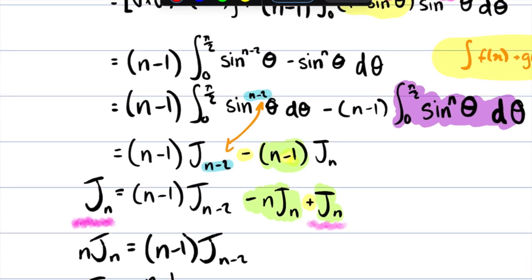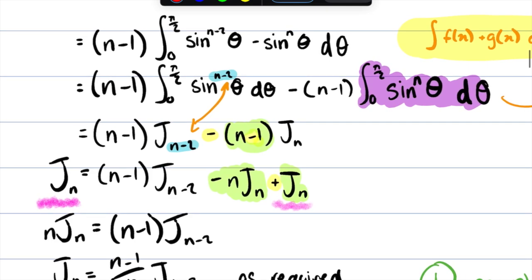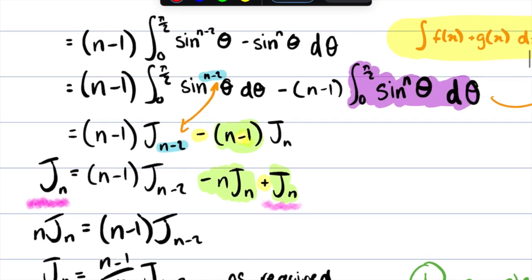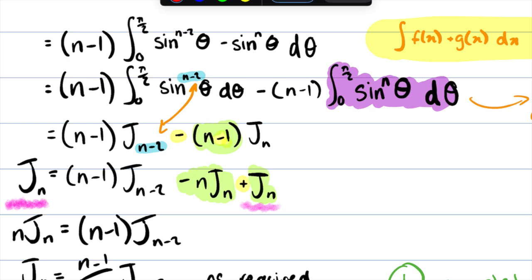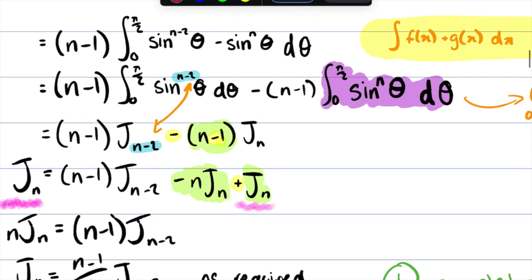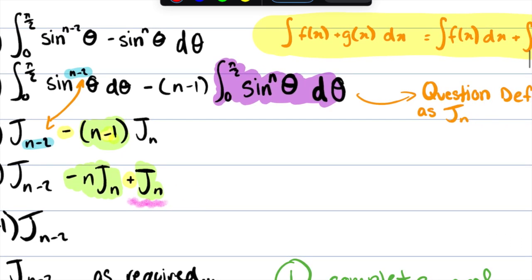Then, from splitting this up, we have our n-1 integral of sine to the n-2 theta d theta minus, and making sure we carry this n-1 term as we split the integral, a very common mistake, minus our integral from 0 to pi on 2 of sine n theta d theta. We can recognize that this is what the question defined as j of n.